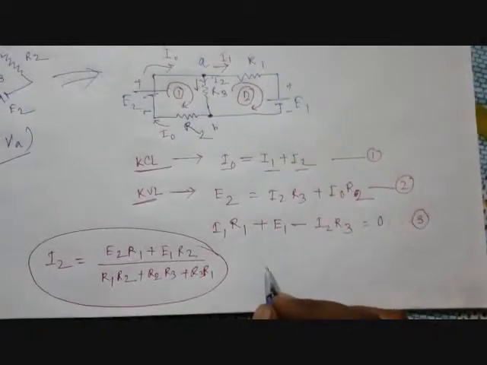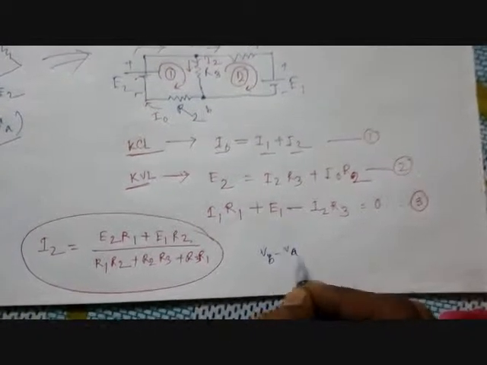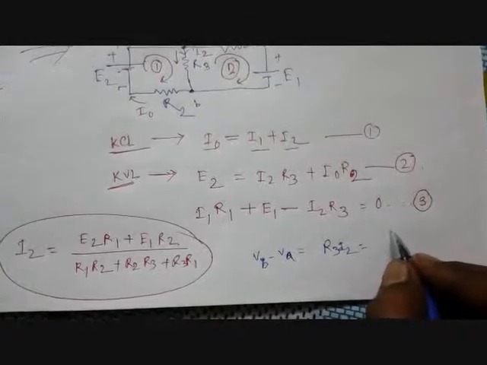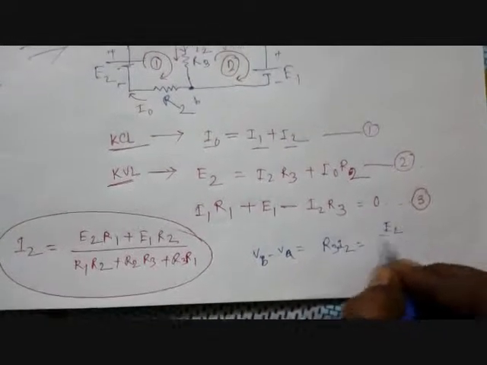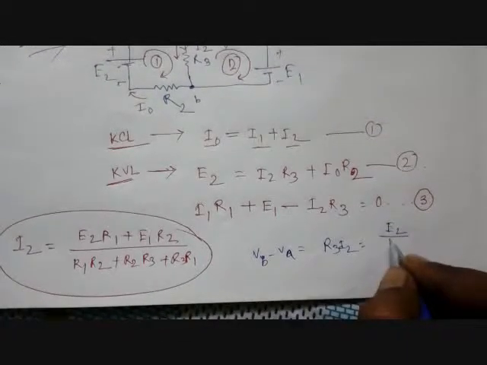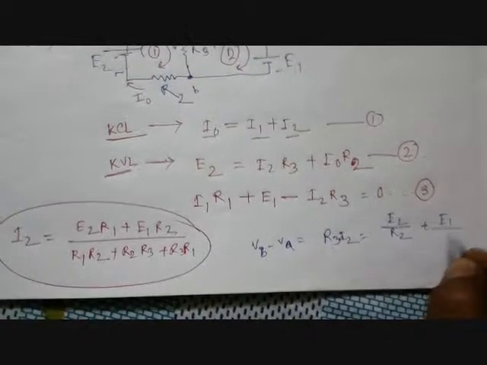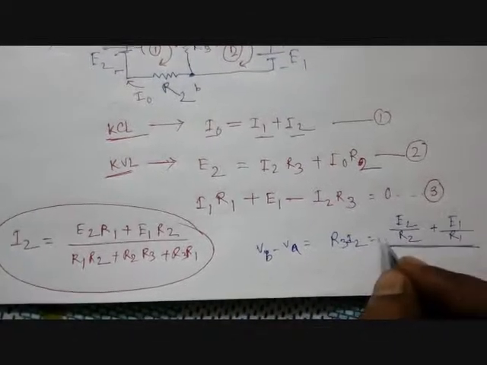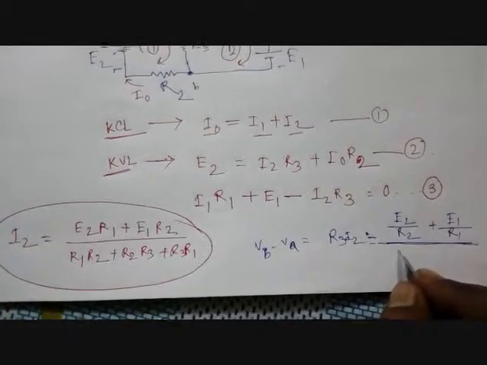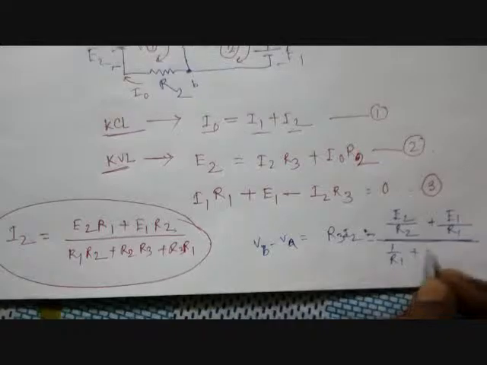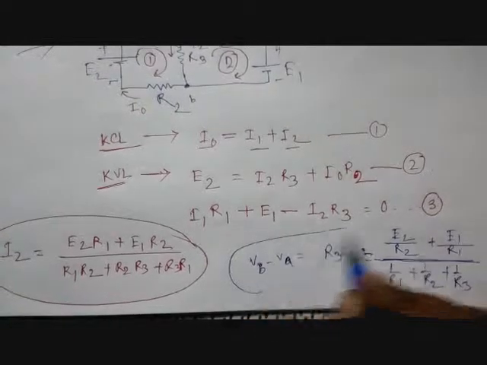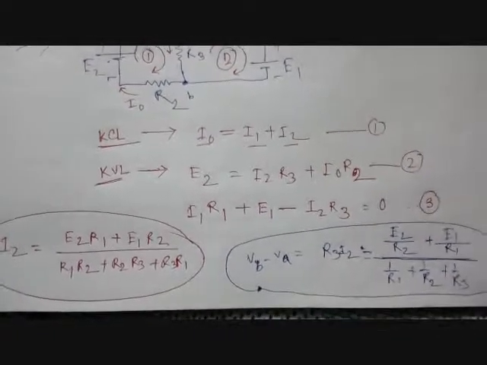So finally, VB minus VA is R3 multiplied by I2, which is (E2 divided by R2 plus E1 divided by R1) divided by (1 by R1 plus 1 by R2 plus 1 by R3). This is the final answer of our final target.